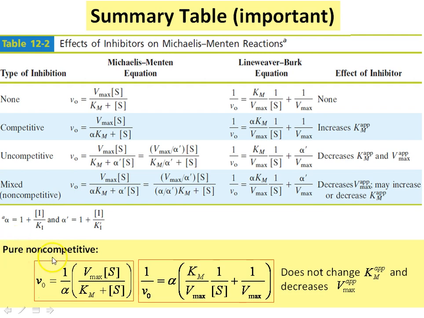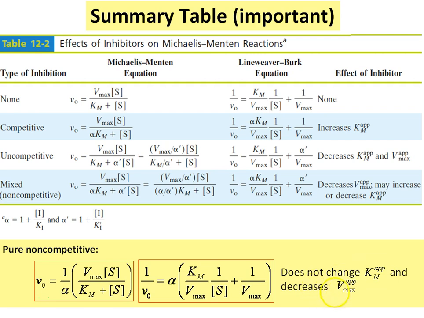For the pure non-competitive, we can drop the distinction between alpha and alpha prime, and therefore you can collect them as 1 over alpha in front of that term, and the double reciprocal plot will show that in this case the inhibitor does not change the Km, so the apparent Km is the same as Km.